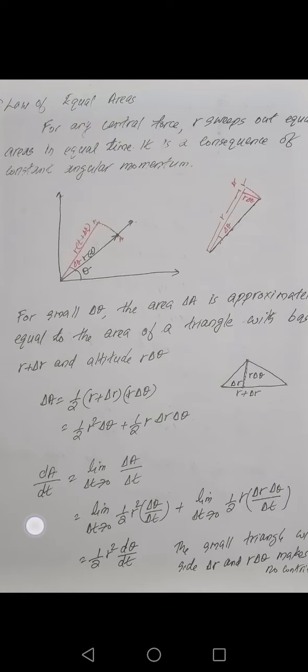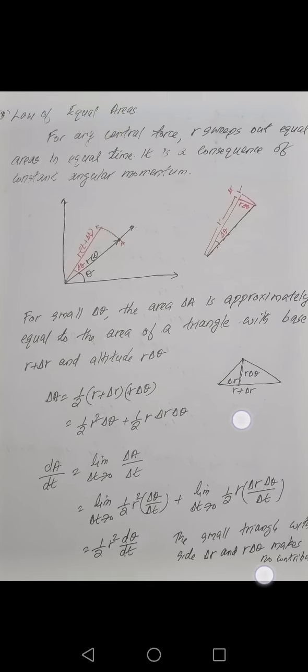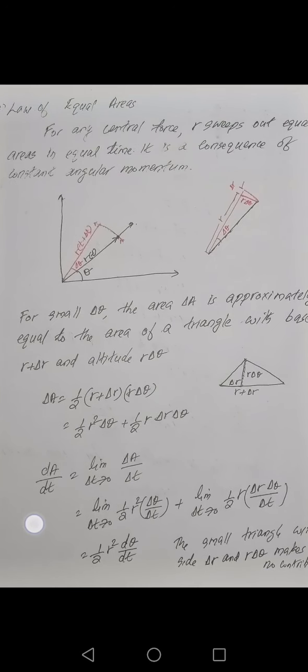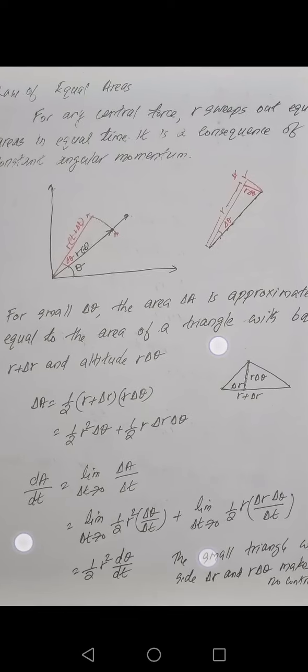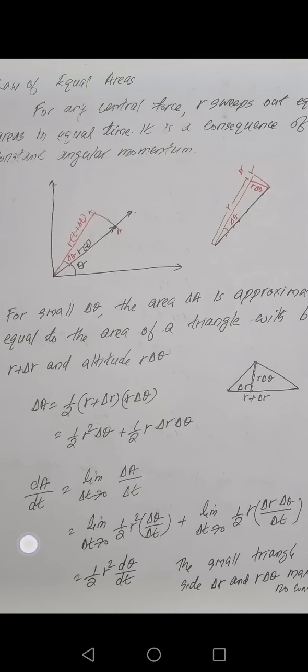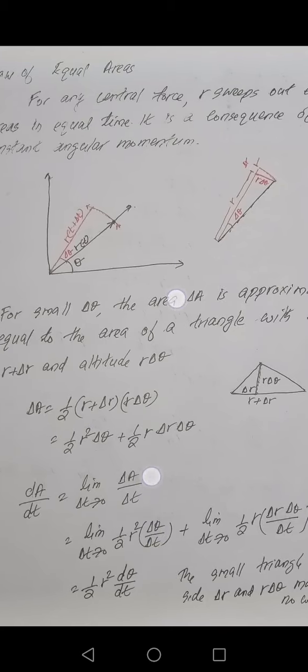That will not contribute in the limit delta t tending to 0, as delta r is negligible. So only this term contributes, and it is half r squared d theta by dt, where d theta by dt is the limit delta t tending to 0 of delta theta by delta t. Therefore dA by dt is half r squared d theta by dt.